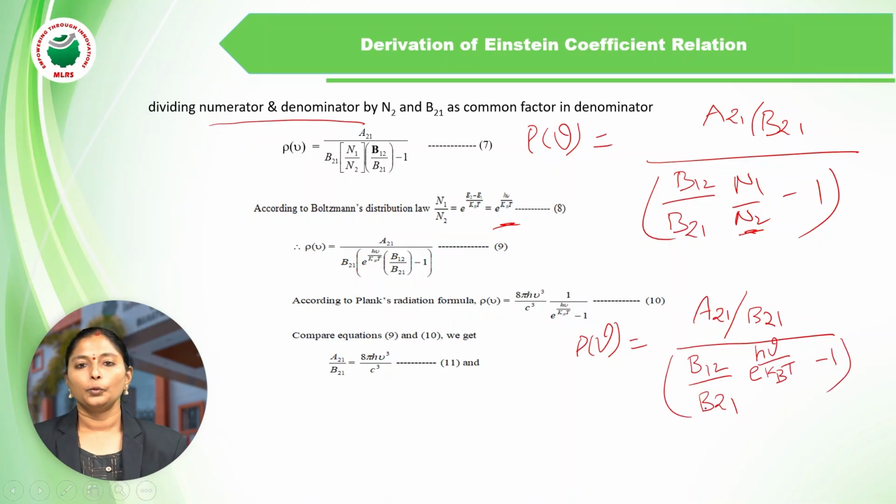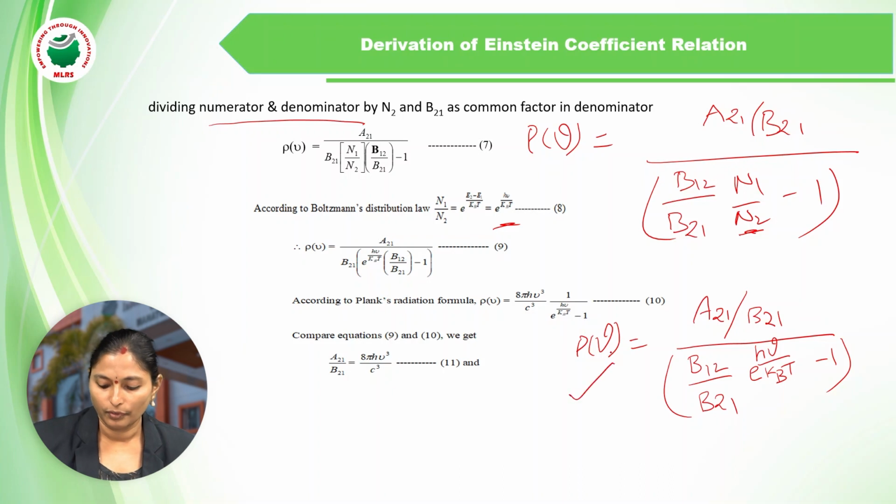This is the rho nu. We derived this from our three quantum processes, three rates: one is absorption, second is spontaneous emission, third is stimulated emission. So, we arrived at it. Okay, and another one.